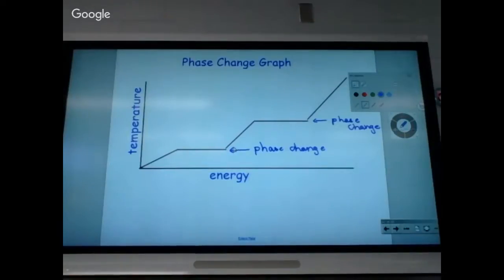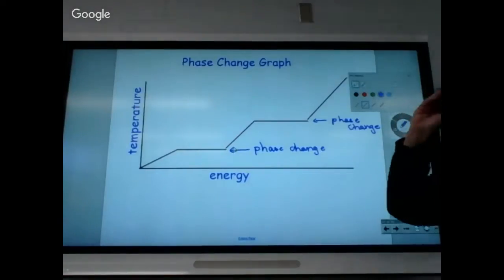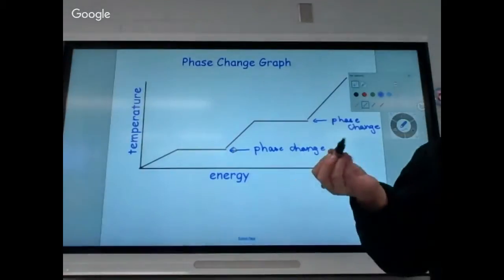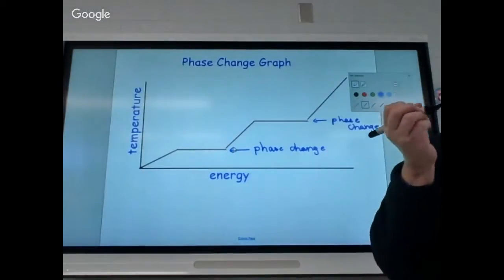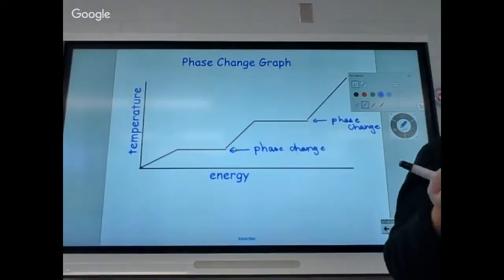Now, what are the places where the graph goes up? Well, yes, temperature changes, but they're just states of matter. They're just the phases. They're the solids, the liquids, and the gases.